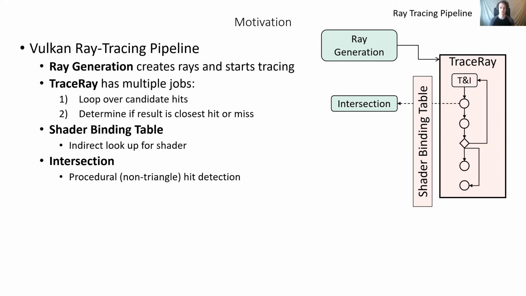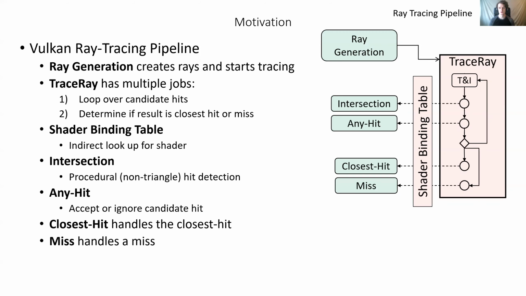So the next programmable stage is the intersection shader, and this allows developers to specify ray collisions with non-triangles. So for example, if you wanted a scene full of spheres, you would implement the intersection test in the intersection shader. The AnyHit shader is used to accept or ignore possible candidate hits, and this is often used for testing for transparency, for example, in the AnyHit shader.